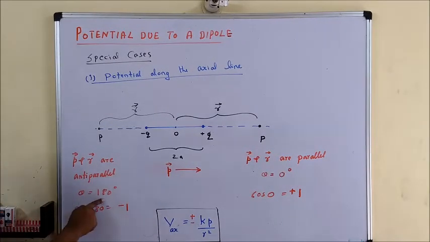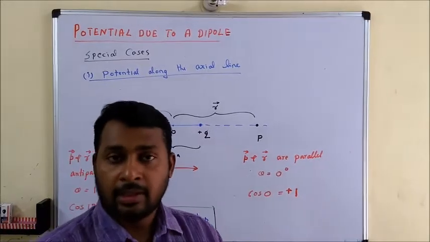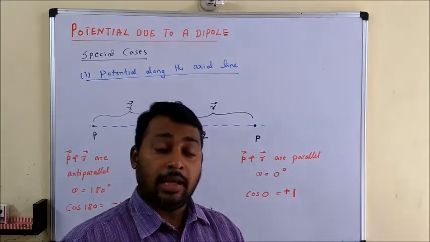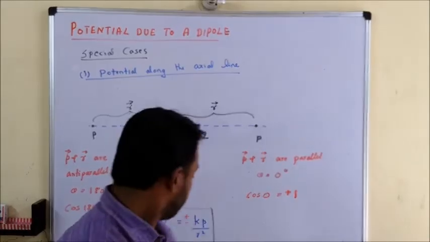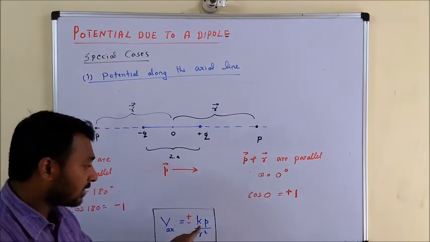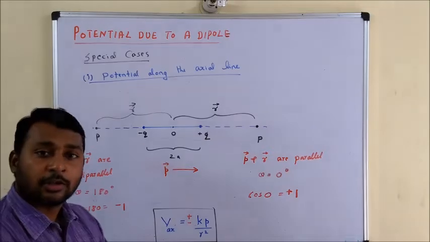That means theta is equal to 180 degrees, and cos 180 is minus 1. So both possibilities are there. Hence you can conclude that the potential anywhere on the axial line is V equal to plus or minus kp by r square.